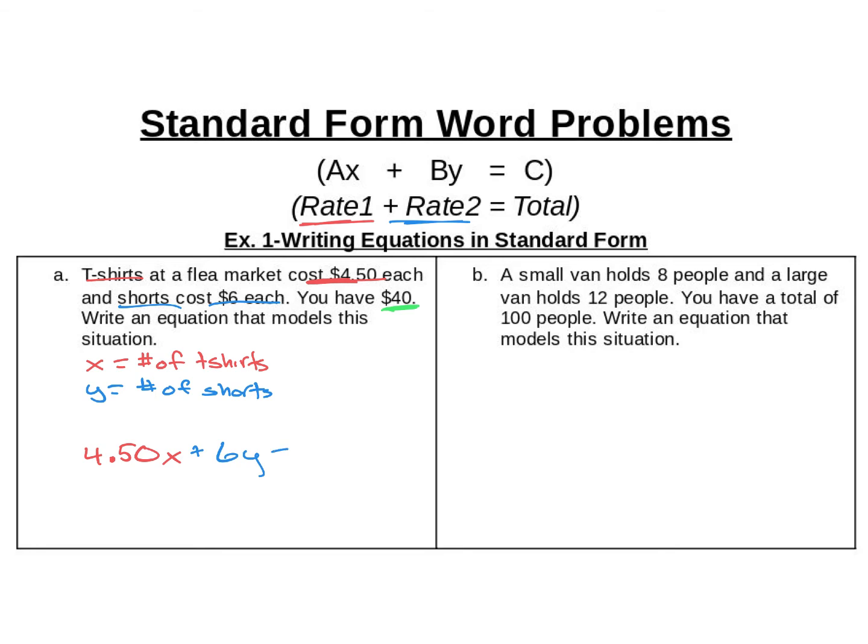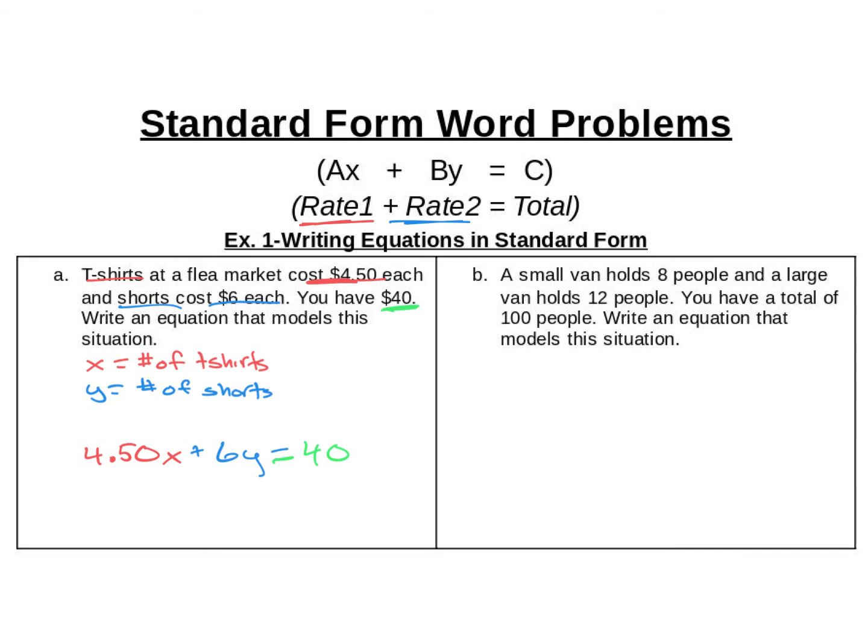Now, what that's going to equal is our total of $40. Because basically what it's going to say is the rate one, $4.50 per t-shirt, $6 per pair of shorts, and that's going to end up equaling $40 because that's all the money we have.